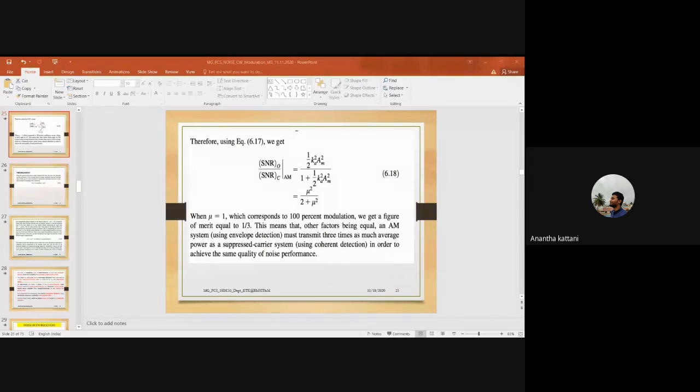Sir, we discussed figure of merit. We took different ratios, different cases of figure of merit, where it was equal to one. Is equal to 1 for which receiver?